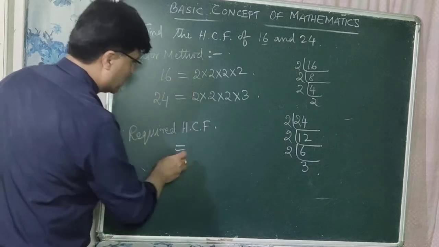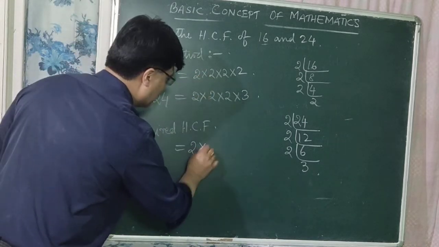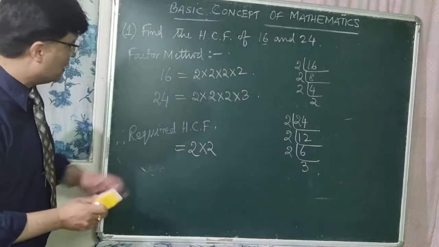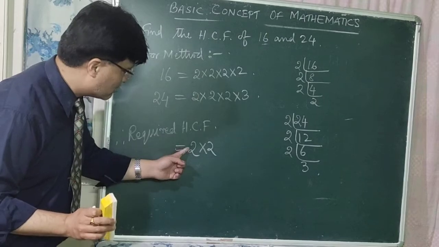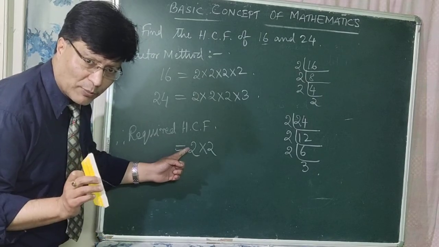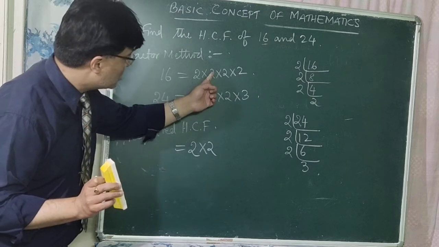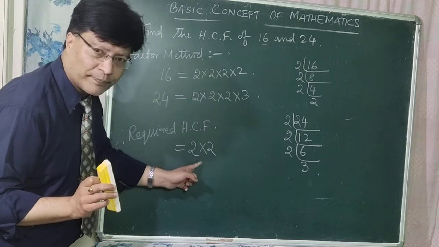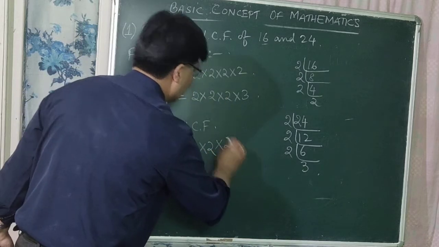This 2 is common here, so write down 2 here. Now actually this 2 and 2 is both common here, so you write down only 2. You have to write down only the common term in both 24 and 16, right? So this 2 and 2 is also common here. Again 2 and 2 is common here into 2.